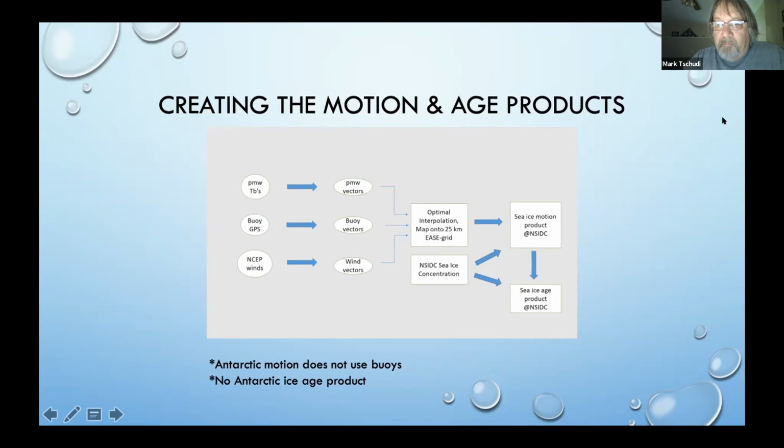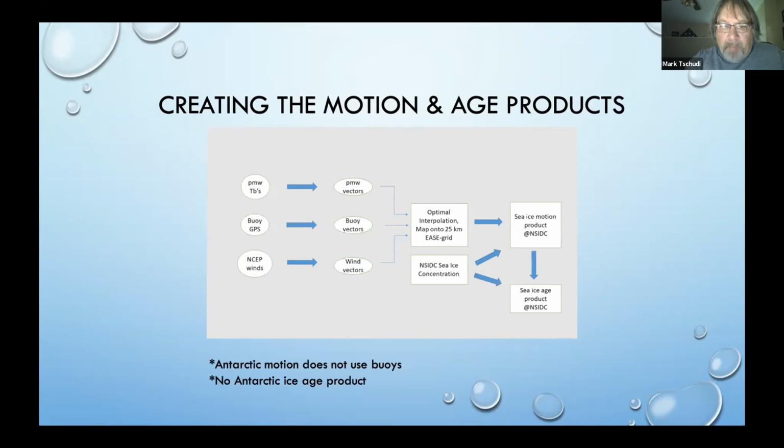Passive microwave brightness temperatures are weighted at 0.8 and wind at 0.45. We also weight according to the distance of each source from the point that we're looking at for motion, and that distance falls off exponentially. Again, more details are available in the paper.